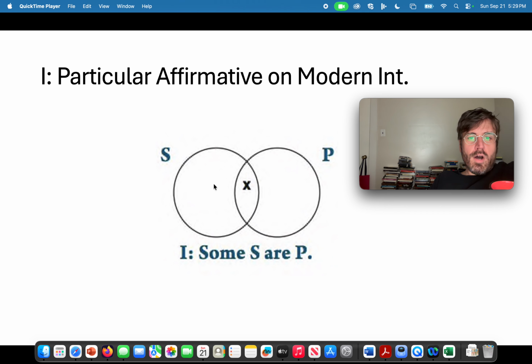So it can't be in region 1, that would exclude it from the predicate class, and it can't be in region 3, that would exclude it from membership in the subject class. So the I proposition is going to include an X to indicate the membership of at least one S in the world that is also a member of the predicate term. Okay, so don't confuse I and E, where in the E proposition we have shading in region 2. That indicates non-existence in the area of overlap between subject and predicate. Here we have the existence of one member or more that coexists, as it were, between S and P.